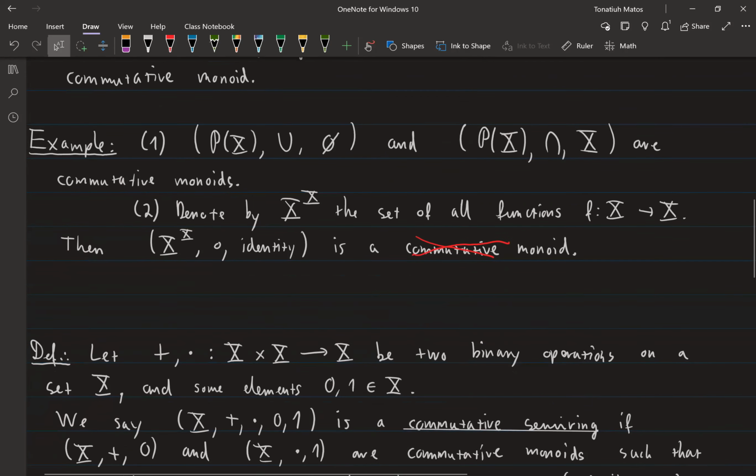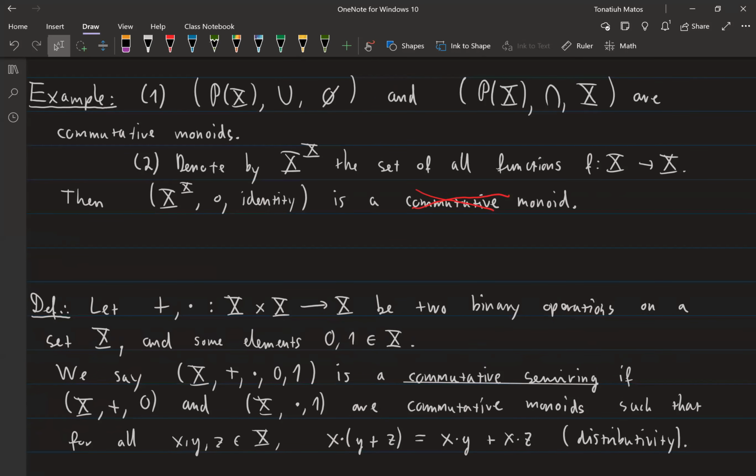Okay. So let me just tell you how to combine two operations into a single set, because monoids are just one operation. So how do you combine addition and multiplication? All the structures that we will talk about in this course have two operations, addition and multiplication. So of course we need a way to combine these, right? So look at the next definition.